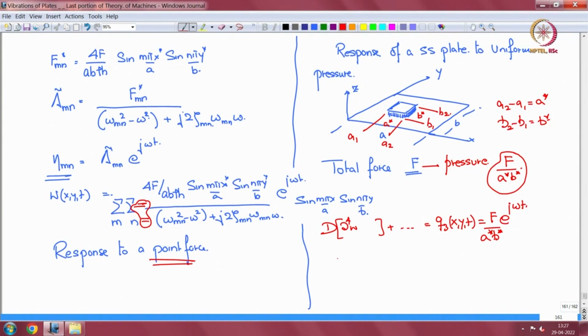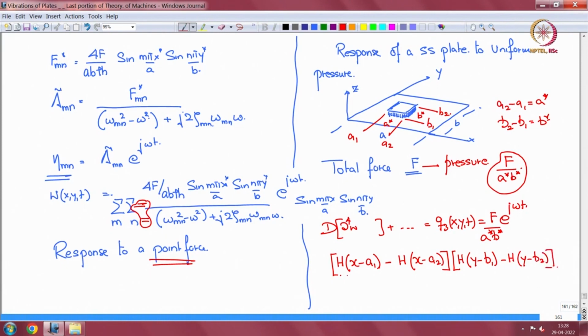The spatial extent is given by h of x minus A1 minus h of x minus A2, so that describes the x direction, multiplied by h of y minus B1 minus h of y minus B2.